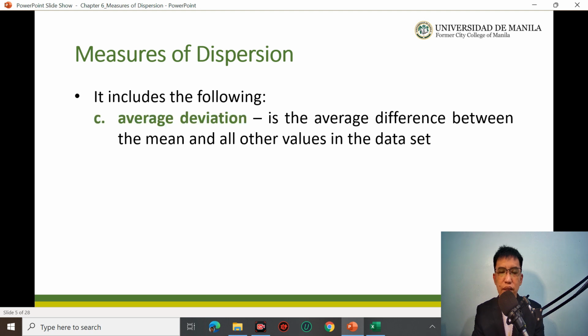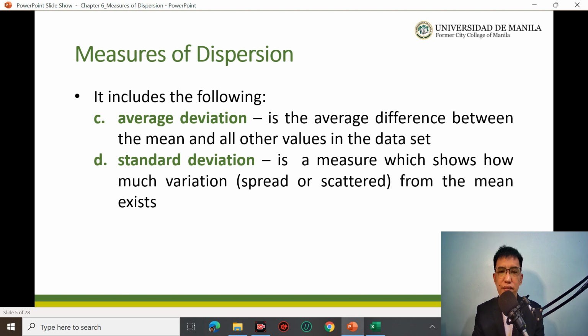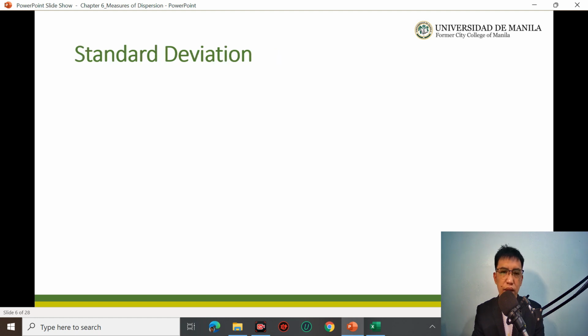And then the average deviation, it is the average difference between the mean and all other values in the data set. So later on makikita niyo yung average deviation tinatawag. And then the standard deviation, it is a measure which shows how much spread or scatter from the mean exists in the data.